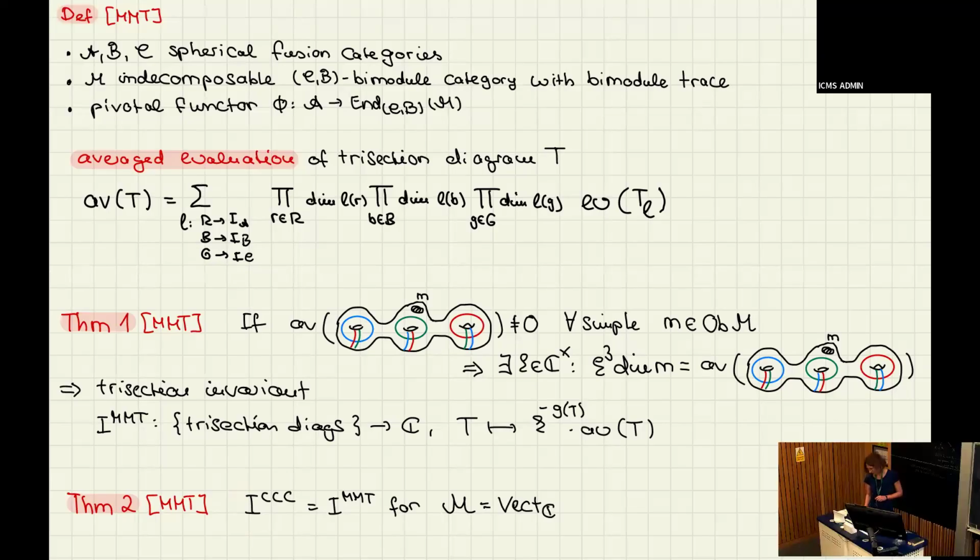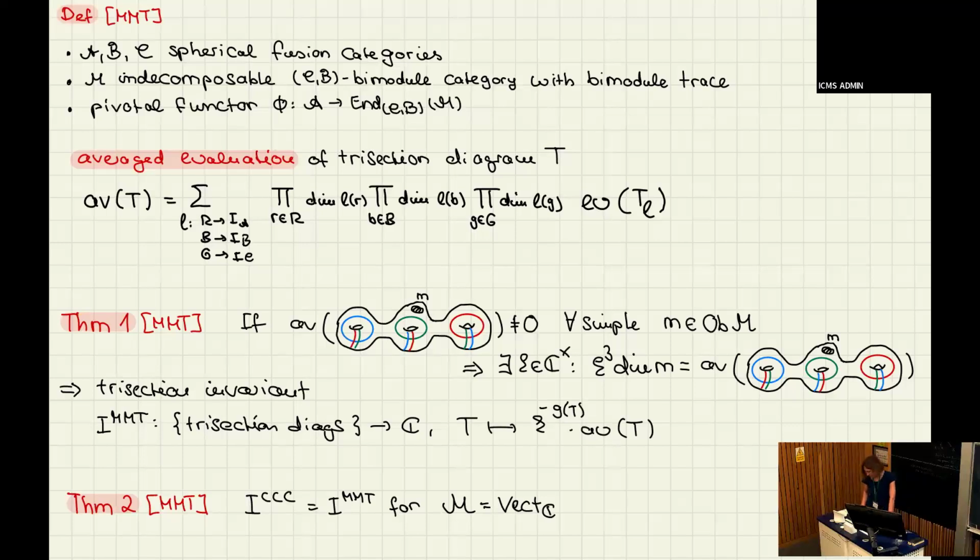We get a bimodule category structure on Vect, and we also get such a pivotal functor as here. And in the other direction, if we take our formalism for the case where M is the category of finite dimensional vector spaces, then we get the Hopf triplet as needed by CCC, and we get these Q pairings.